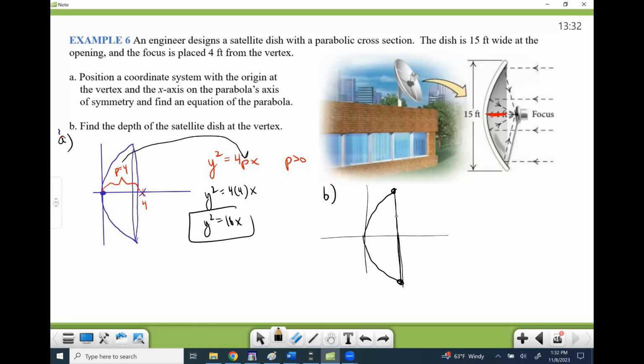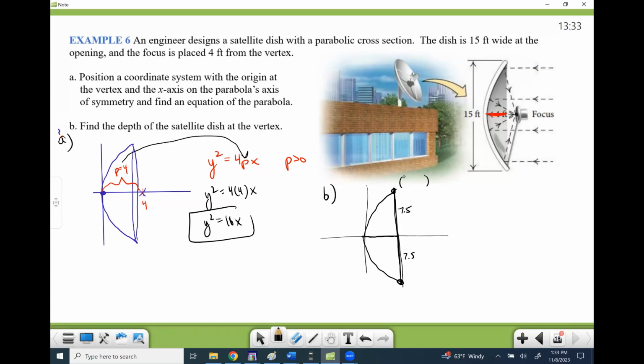This line is 15 long, right? I know that from right here. So if it's 15 feet, then if I divide it by 2, we get 7.5 on both sides. So the ordered pair for this top one is some sort of x value, I don't know, comma 7.5.